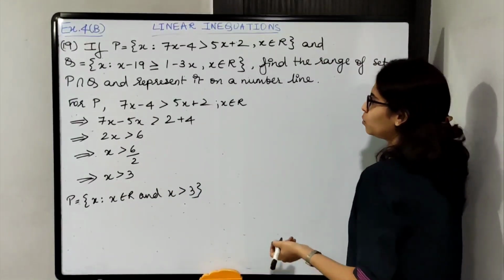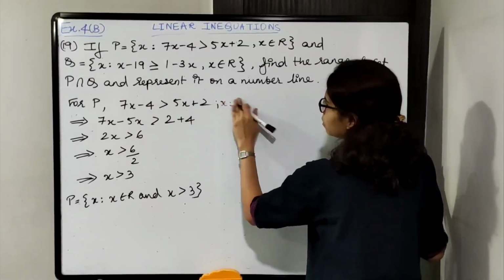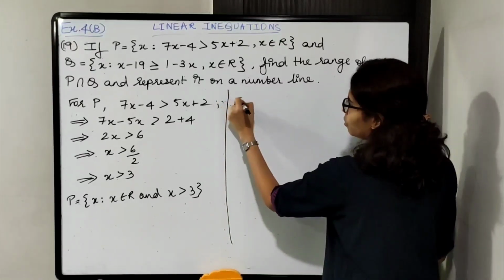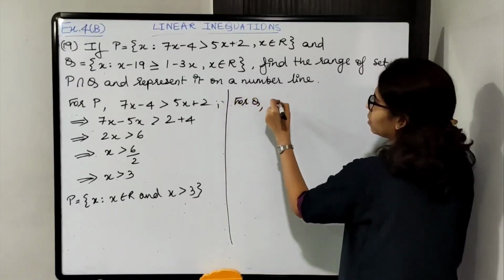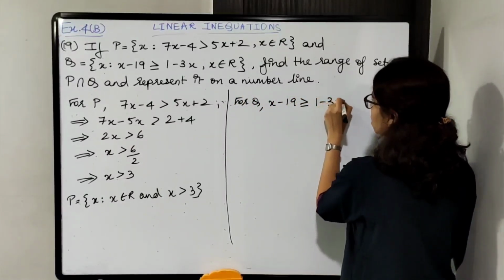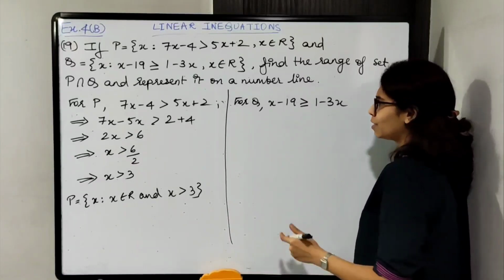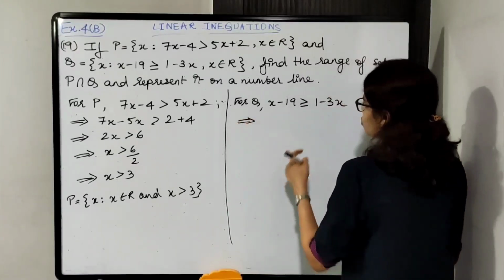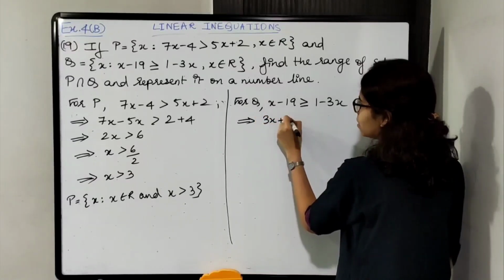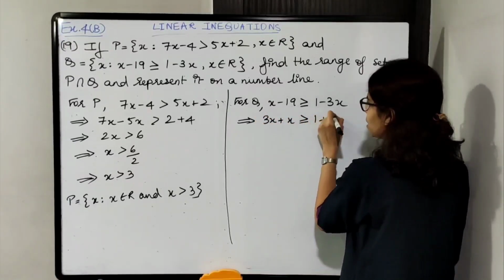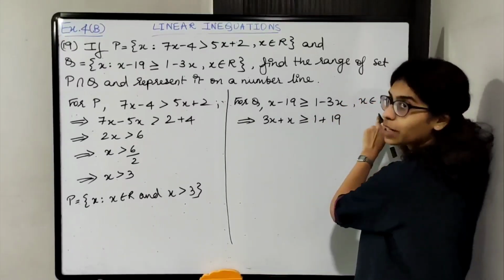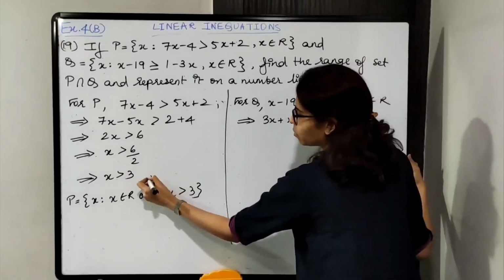Same thing for Q. Okay, so for Q I'll write the same thing. For Q we are given x minus 19 is greater than or equal to 1 minus 3x. Solve the same way. So shifting 3x over here, on the other side it becomes positive. 3x plus x is greater than or equal to 1 plus 19. Here x belongs to R, so don't forget to write this part.